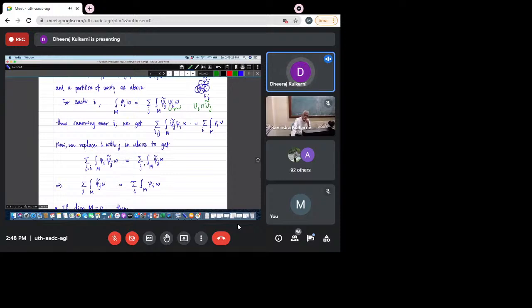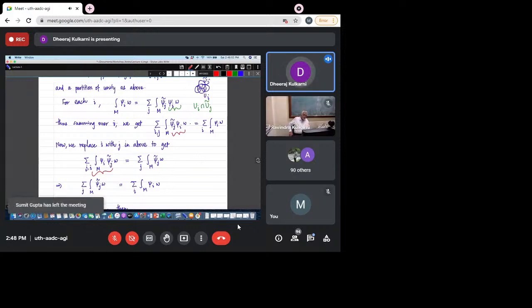You will get this following quantity, that summation over j of psi j tilde omega is the same as this double sum over j and i of psi i times psi j tilde times omega. Now, these two terms are the same because this is a common refinement on which you see the equality happening.